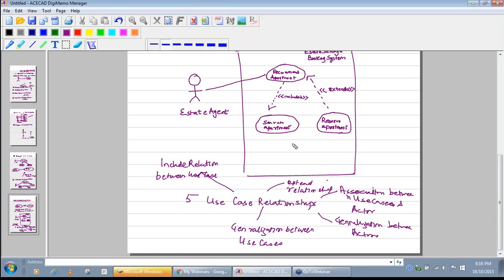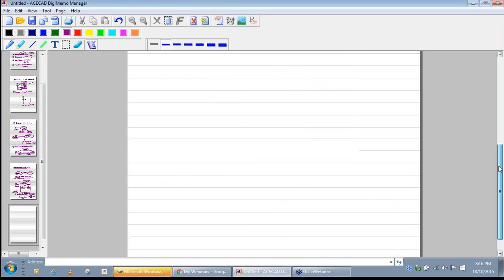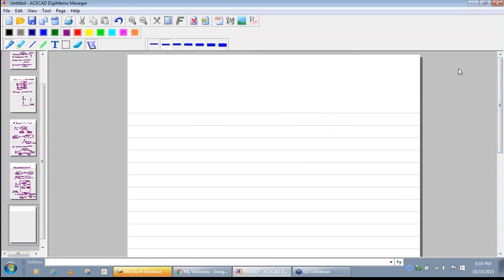When we revise the same, this is the notation for association between use case and an actor.